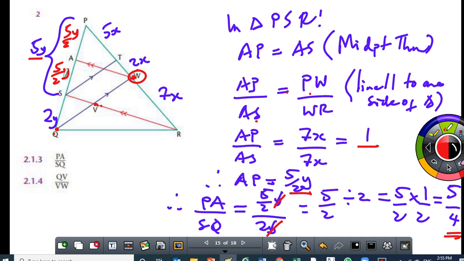Then, if I want to find the ratio of QV over VW, I need to identify a triangle that I can use the proportion theorem. Before I tell you which triangle, which triangle do you think I should use the proportion theorem to find the ratio of QV over VW?